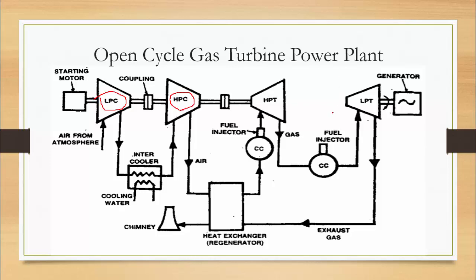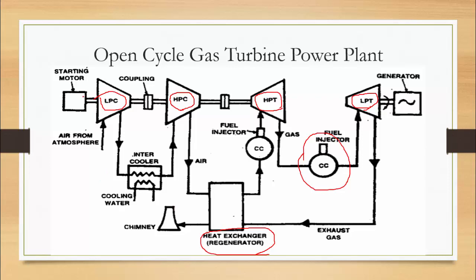This cycle also has a high pressure turbine and another turbine, a low pressure turbine. In between these two turbines, another combustion chamber is added in order to reheat the exhaust gas of the high pressure turbine, right? So this is a reheat cycle, and a regenerator, that is a heat exchanger, is also equipped with this. I will explain this layout now.